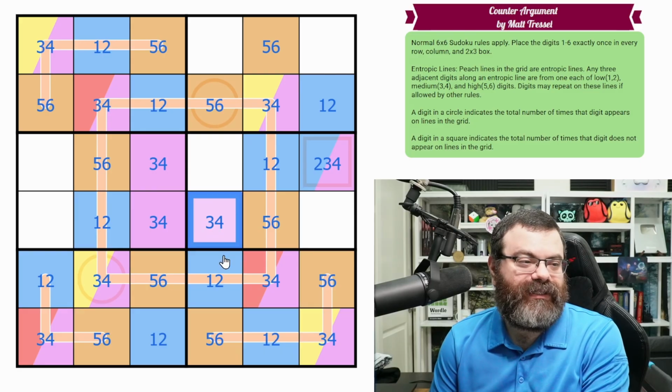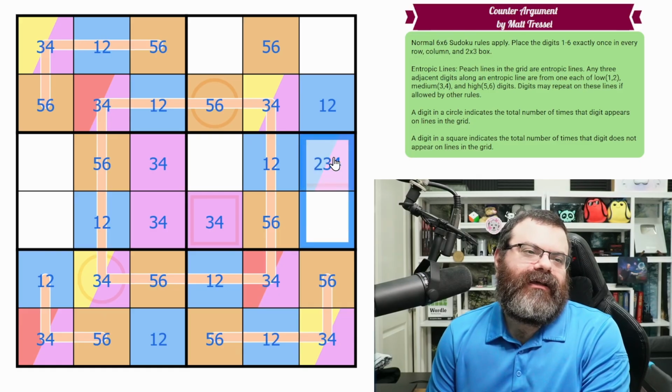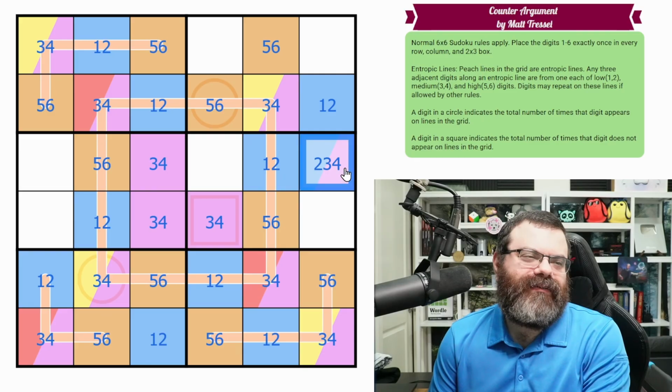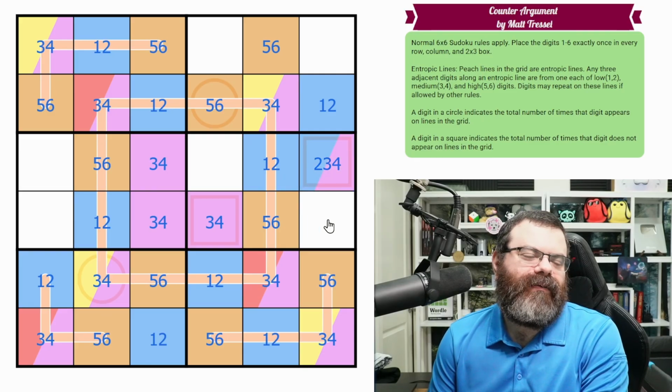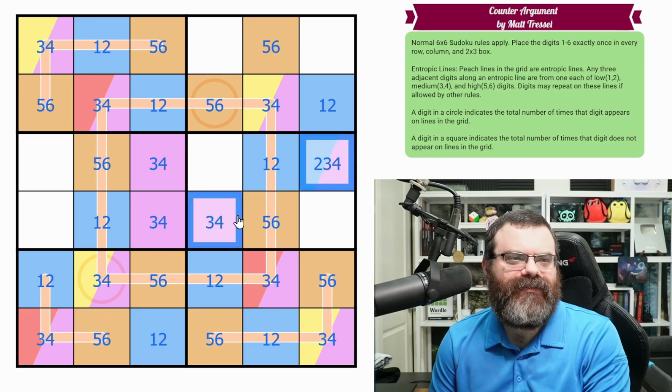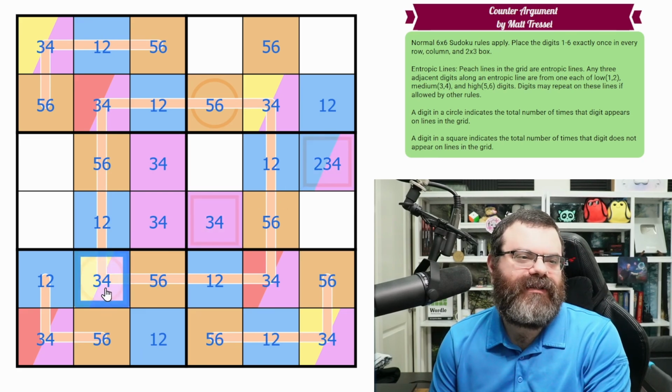I'd love to prove that this is either yellow or red, but I don't know how. We know this isn't yellow, so if it's a 3, 4, it's red. If this ends up a 3, 4 pair, then we know this must be the 3, because we can't have the 4 be in a circle and a square.